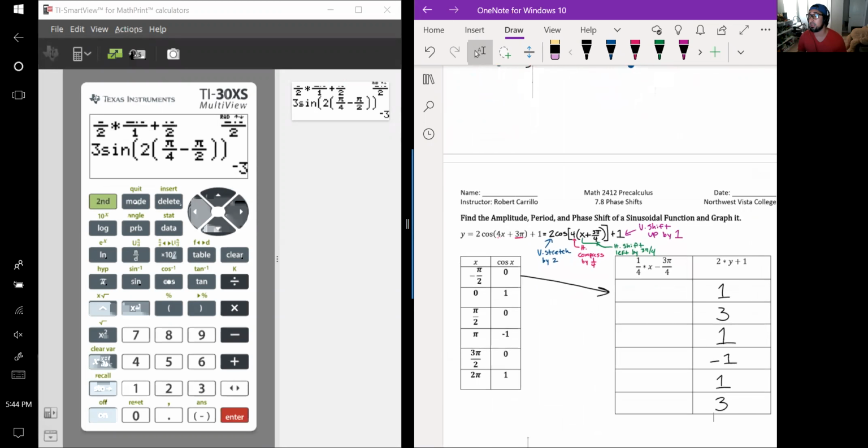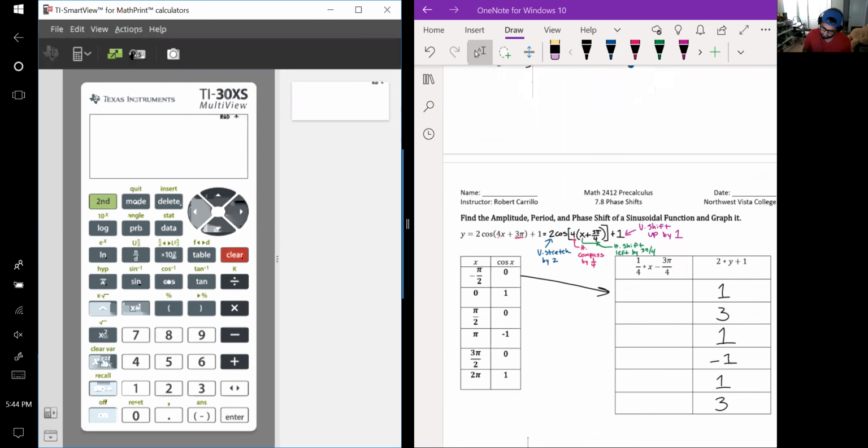Yeah, look at those lovely fractions, right? Okay, so let's start over. We're going to say 1/4 times the first x value of negative pi over 2 minus 3 pi over 4. Oh, just so awful. You get negative 7 pi over 8.